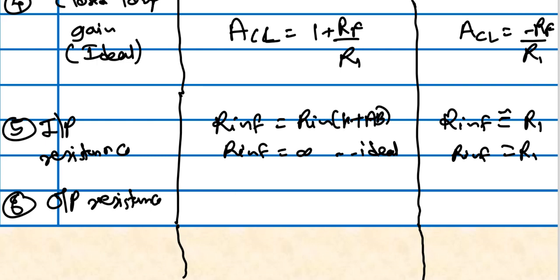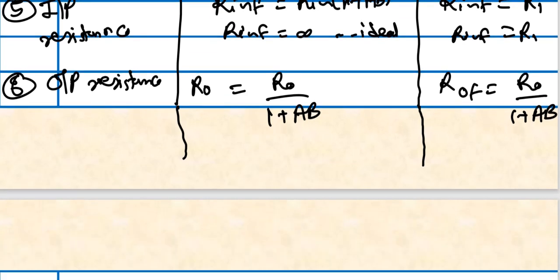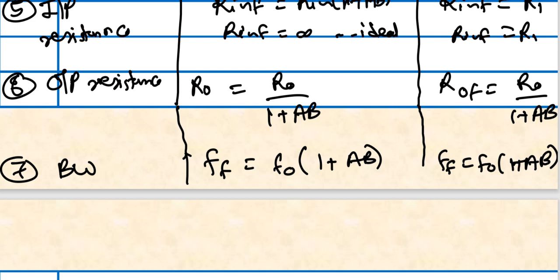Okay, now output resistance. So Rof equal to R0 divided by 1 plus AB. Here also the same formula, R0 divided by 1 plus AB. Then seventh is the bandwidth. Bandwidth is open loop bandwidth times 1 plus AB. So similarity is there, so our burden is reduced.